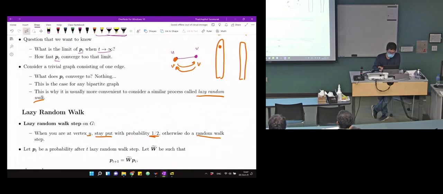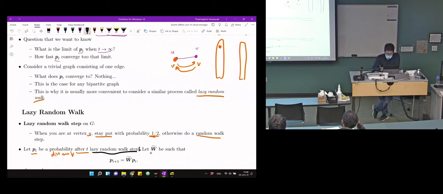And suppose that now we want to talk about lazy random walk, and let's say that PT is the probability distribution over V after T steps of lazy random walk.